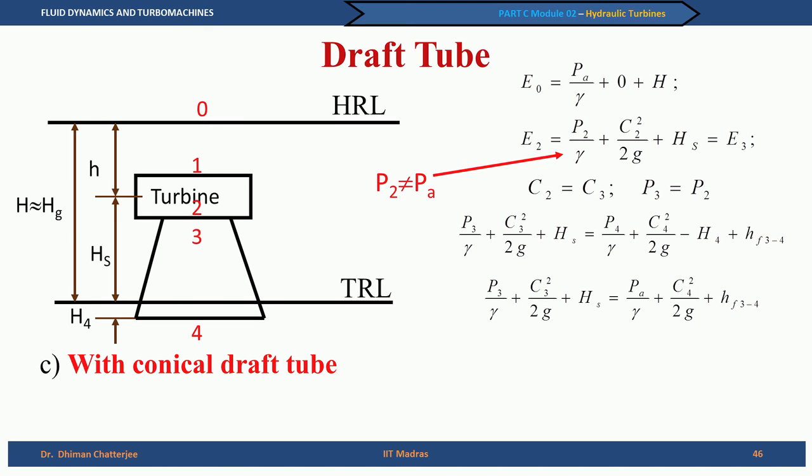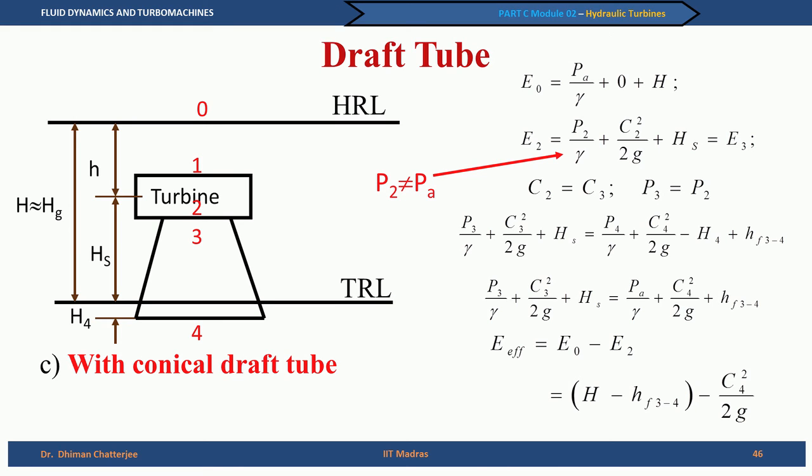Now, if we do the same way E0 minus E2, we get that the first term remains unchanged, it becomes H minus Hf324, but the second term, the exit kinetic energy loss, has now become C4 square by 2g. Note that in the earlier case it was minus C2 square by 2g, now it has become C4 square by 2g, and because of this conical nature of the draft tube, C4 will be less than C2.